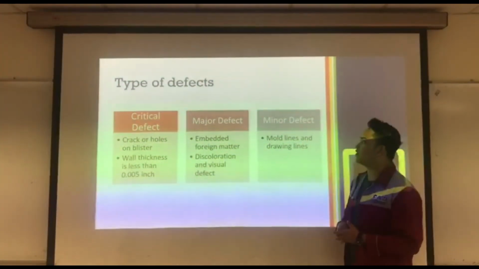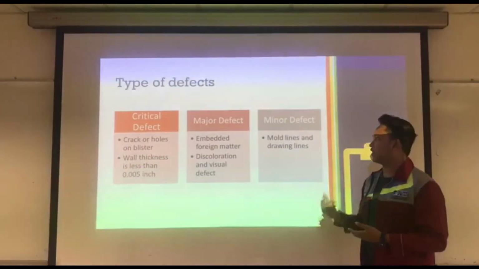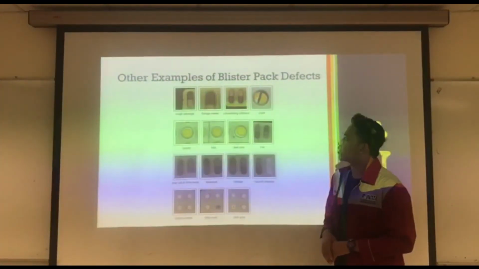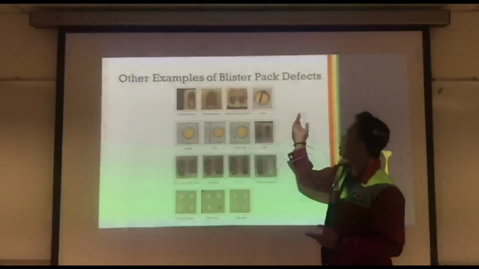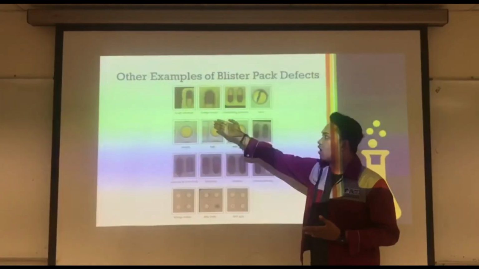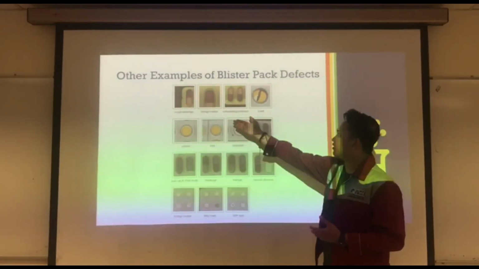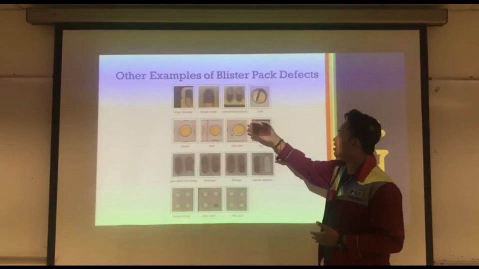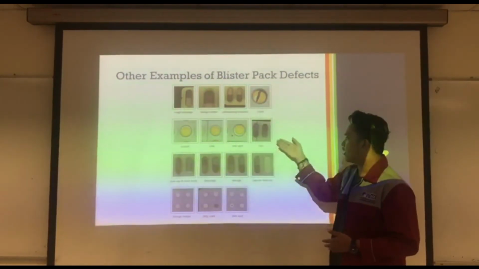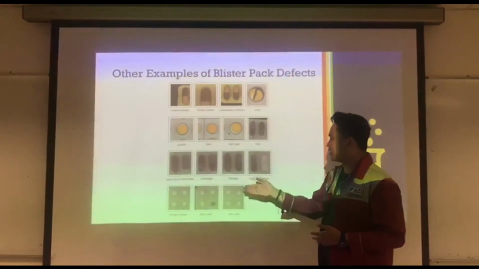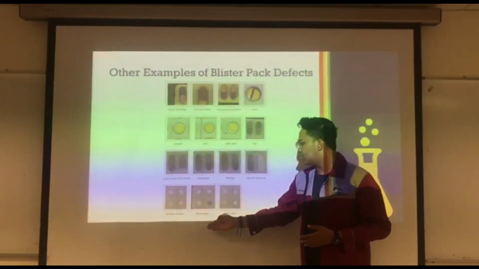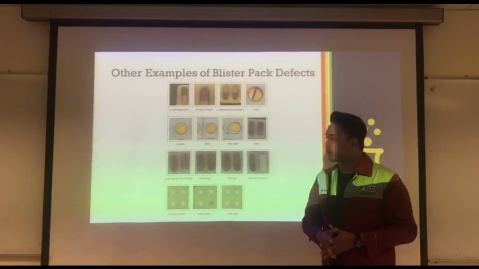And the minor defects are mold lines and drawing lines. Next. Okay, so this is another example of blister pack defects. You can see, firstly, rough, salvage, foreign metal, cobwebbing, stick, crack, scratch, fold, dark spot, hair, and the others like leakage, capsule absence, foreign metal, dirty mark, and dark spot.